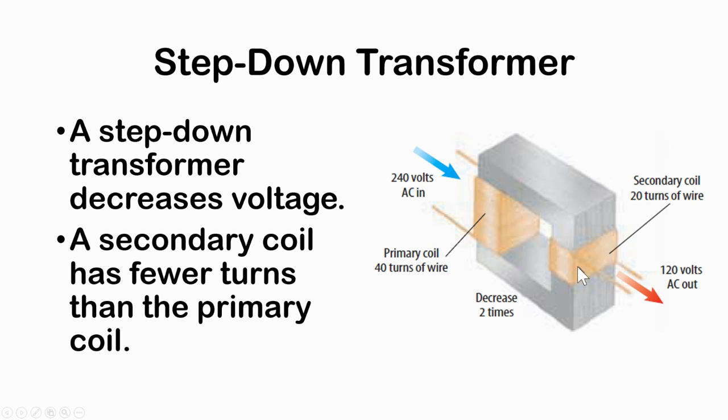And on the other side, it has 20 turns of wire. So it goes from 40 turns to 20 turns, and that's going to decrease the voltage. And when you decrease the voltage, you can regulate how much power you want to go into your home or your device.